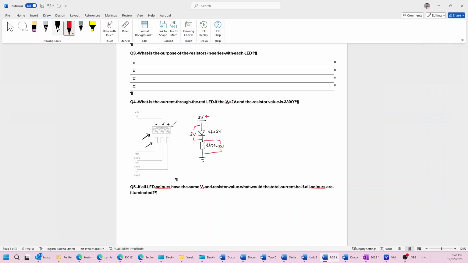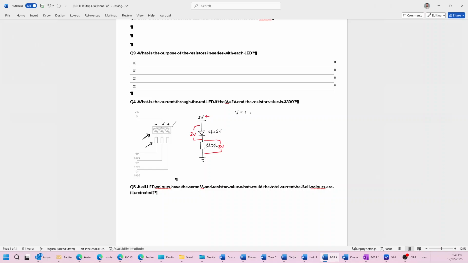And so to find the current through this pathway, that's through the LED and through the resistor, we need to use Ohm's law. So voltage equals current times resistance. And so we can divide both sides by R, cancel those out, and then rewrite that as current is equal to voltage over resistance.